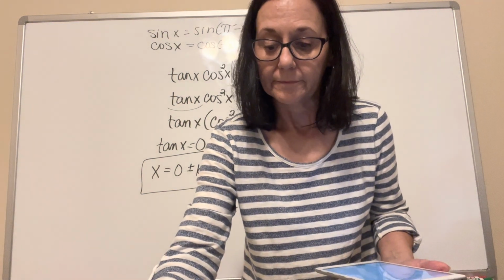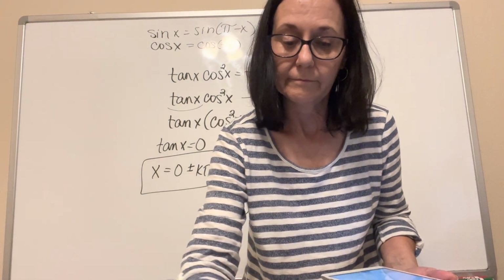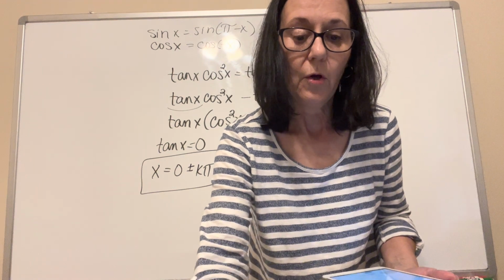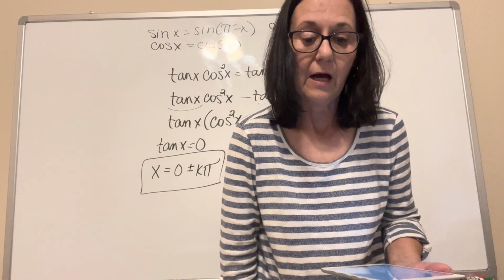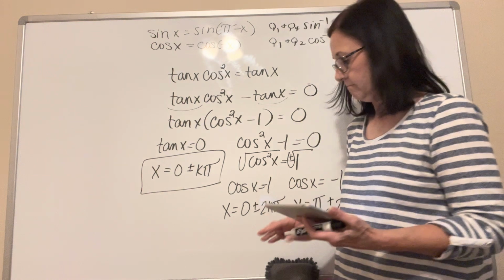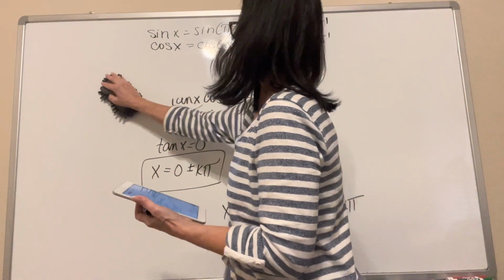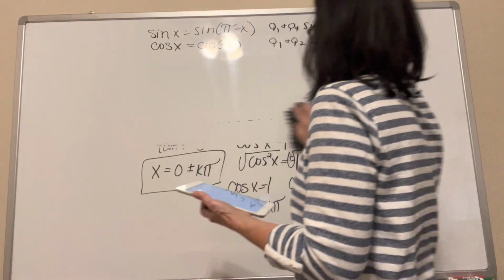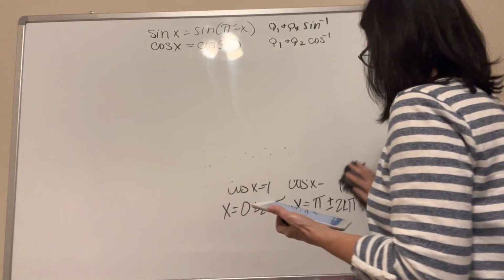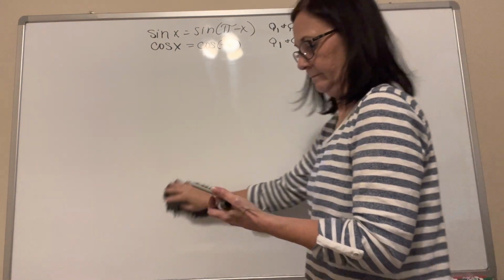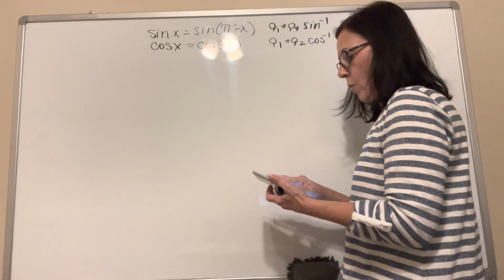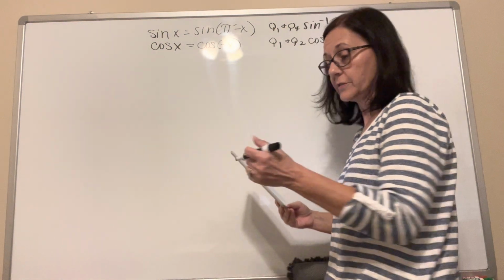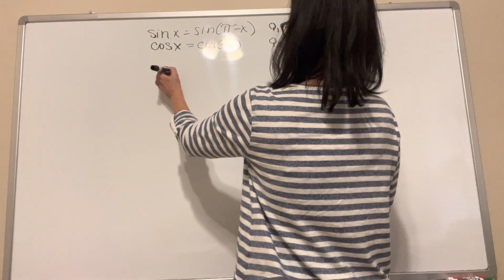Now in example 9, we are going to use identities. And how do I know that I'm going to use identities? All right, look at the equation.